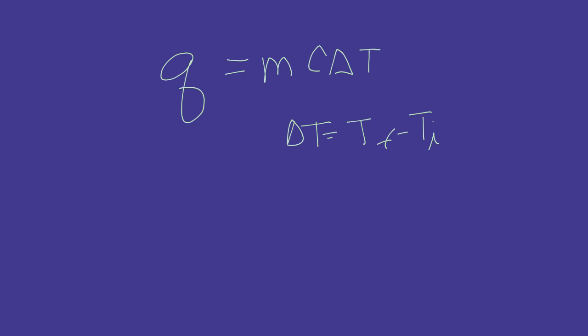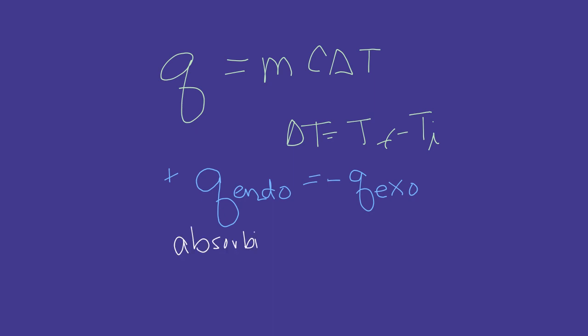And so this is where the other component of calorimetry is going to come in. And that is what tells us that the positive Q for the endo is equal to the negative Q for the exo. So the thing that is absorbing the heat got it from the thing that released the heat.